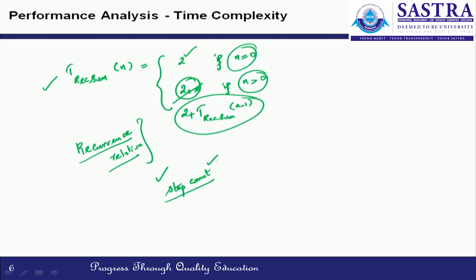In the step count method, we have obtained the same recurrence relation, T recursive sum of n is equal to 2 if n is equal to 0, T recursive sum of n is equal to 2 plus T recursive sum of n minus 1 when n is greater than 0. And we have also applied the substitution method in finding the solution to this recurrence relation. Understand?